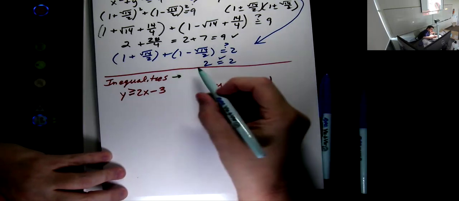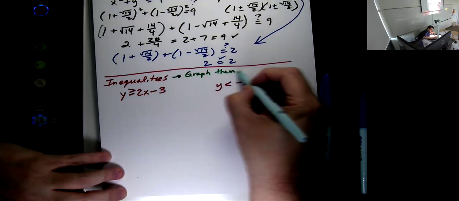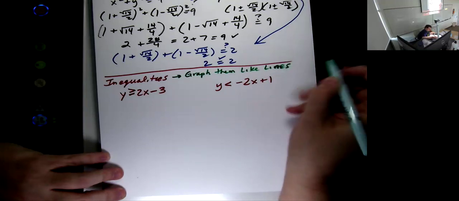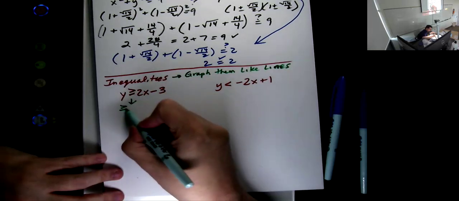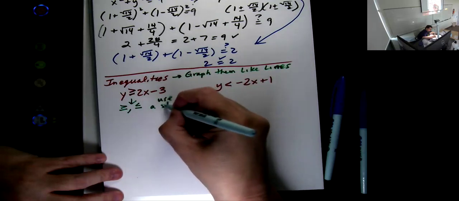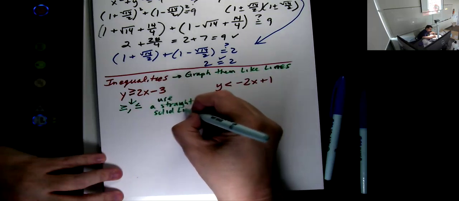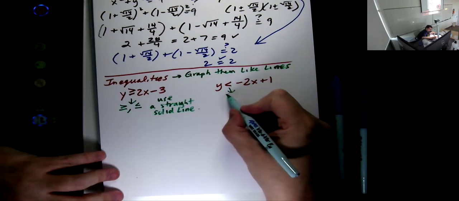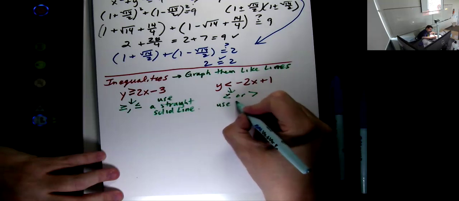So what we do is graph them like lines. If we have an inequality like this or like this, use a solid line. If we have an inequality like this, use a dashed or dotted line.